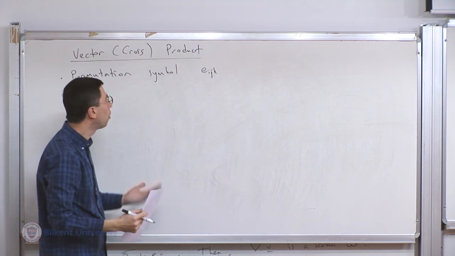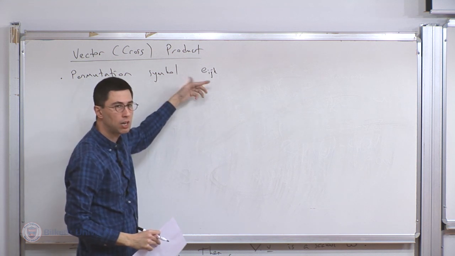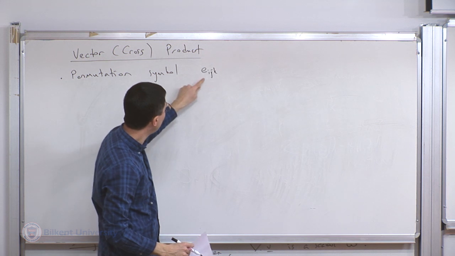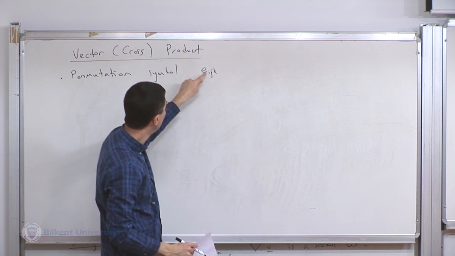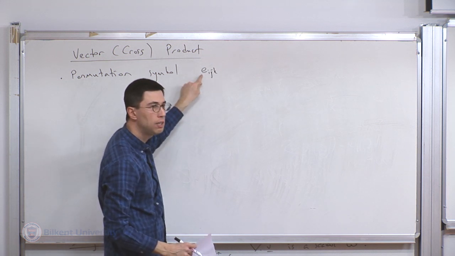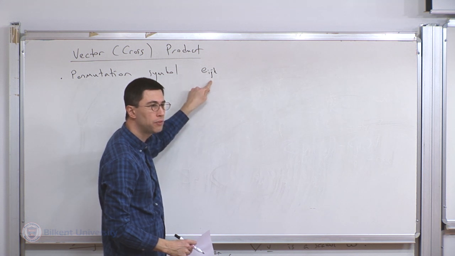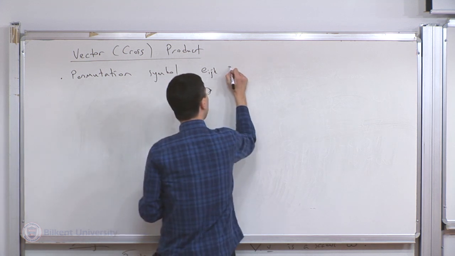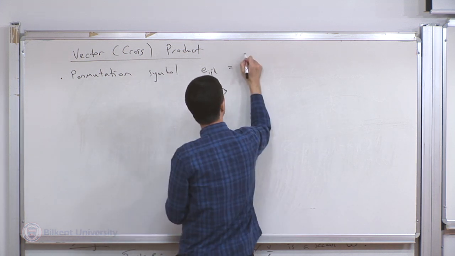We live in 3D, so they are eventually going to be numbers like 1, 2, 3. I'm free to choose them. So this E_ijk, depending on my choice, could be E123, E223, E132, etc. Any three choices that you make. But the value of E_ijk is fixed.